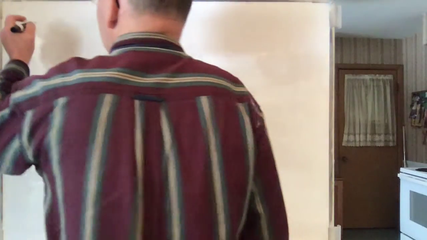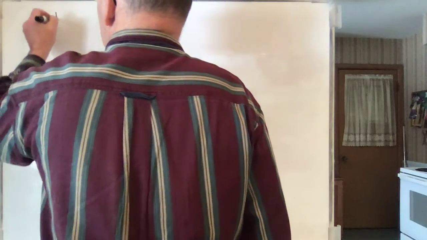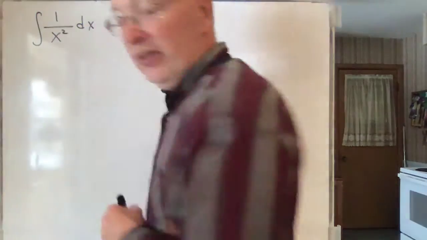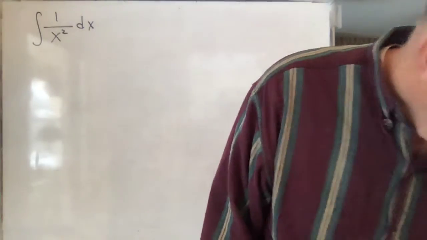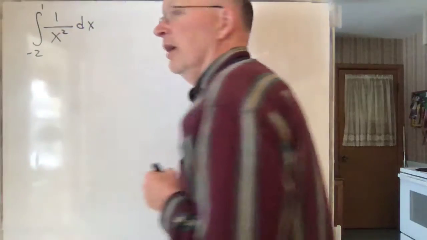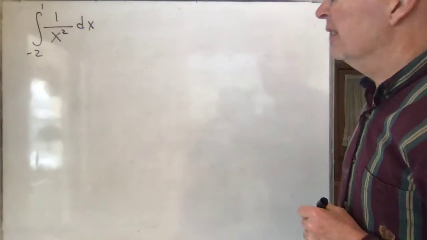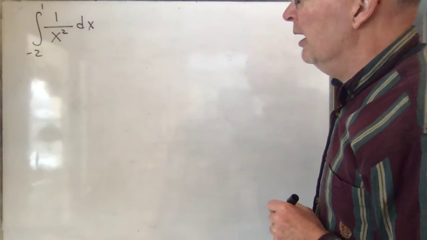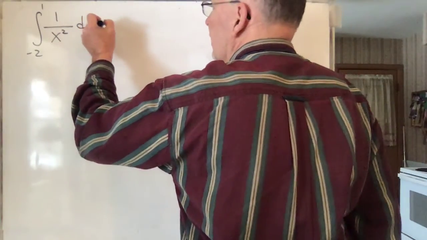Okay, let's start this one with an example. Let's find the integral of 1 over x squared from -2 to 1. Well, let's see. We learned back in Calc 1 how to find the antiderivative.